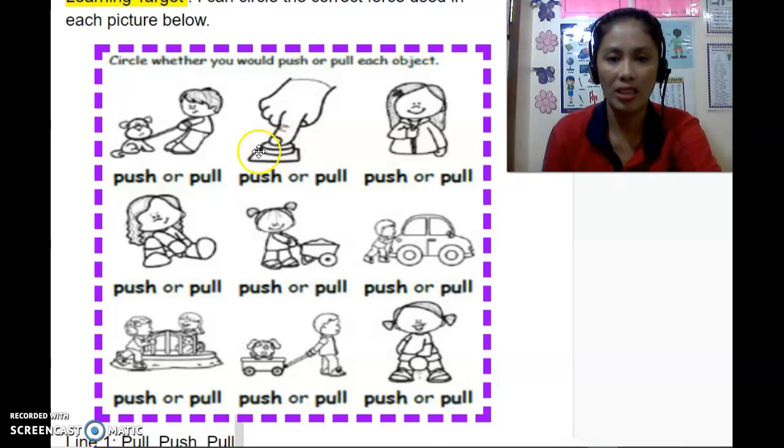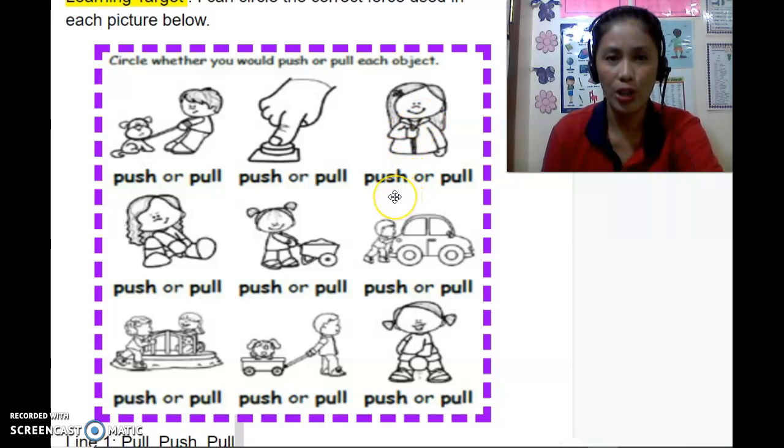How about this button? What are we going to do with this? Are we going to push it or pull it? That's right, we will push. We push the button, push. How about this one? The girl is trying to zip her clothes or jacket.